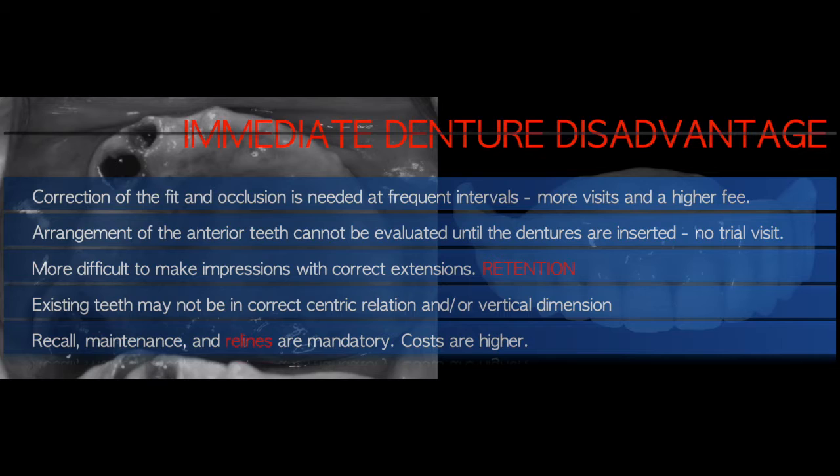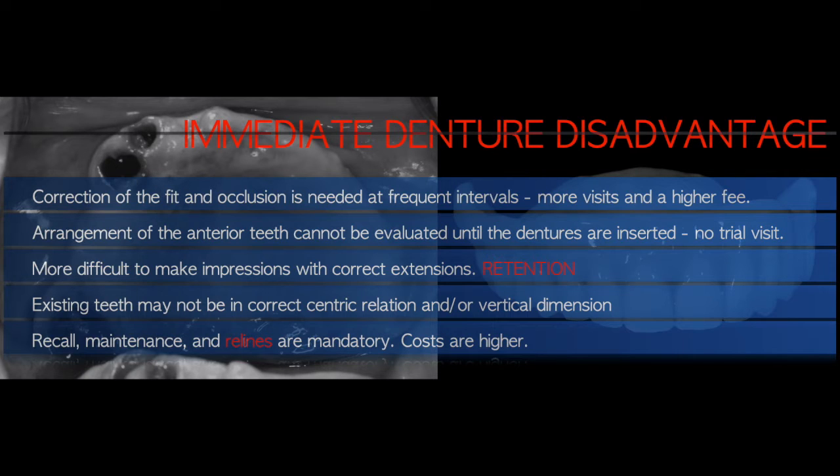Since the patient still has existing anterior teeth, you cannot try in the anterior teeth before you fabricate the final prosthesis. And it's more difficult to make an impression with the correct extension due to the existing teeth and existing alveolus, which create tissue undercuts, and therefore it's more difficult to get good extension onto the border.